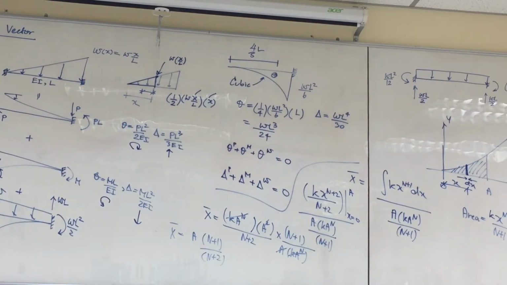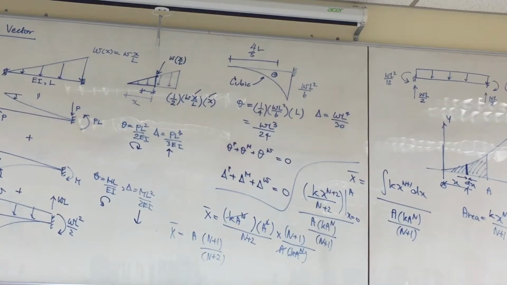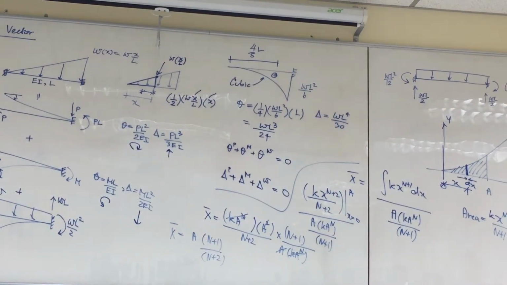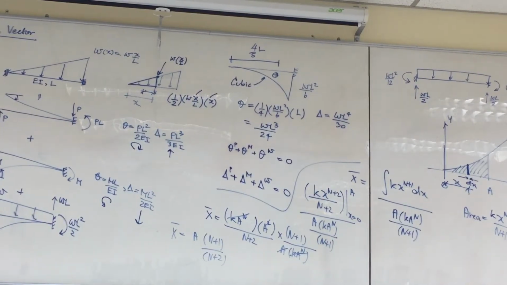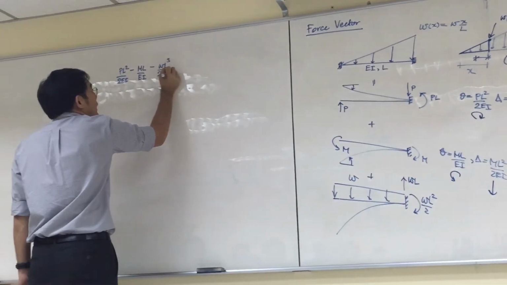Now you set it back into that equation. Theta p plus theta m plus theta w equals 0. So PL square over 2EI minus ML over EI minus, right now you have WL cubed over 24EI.